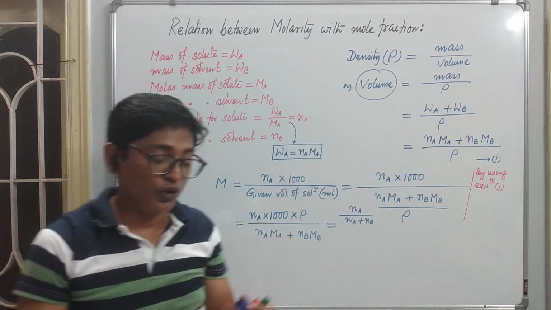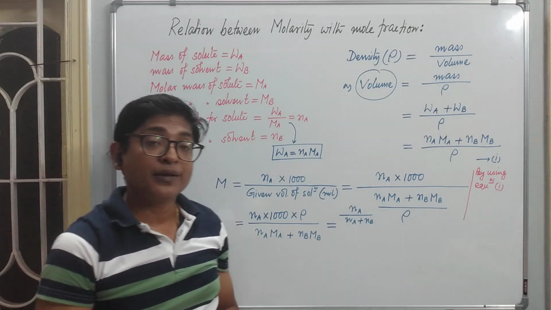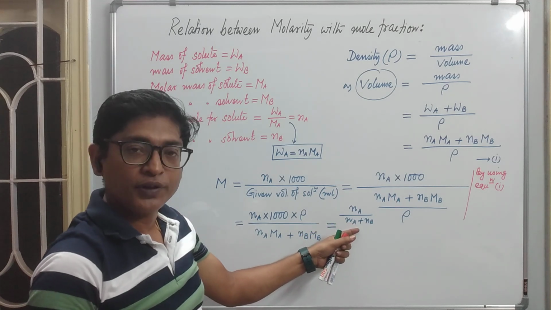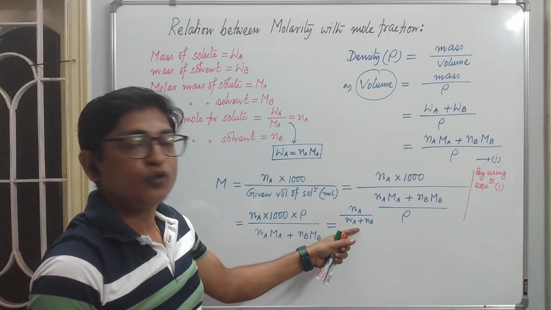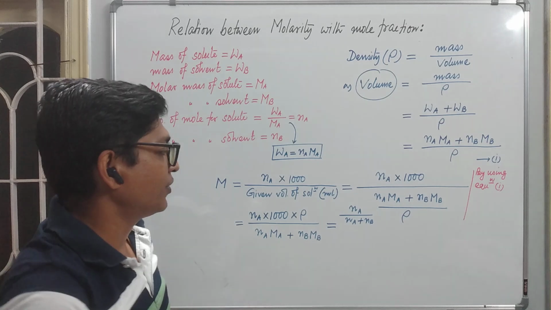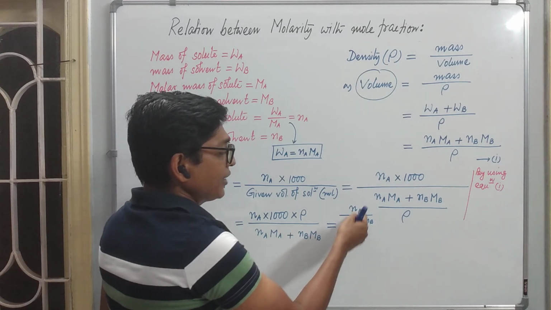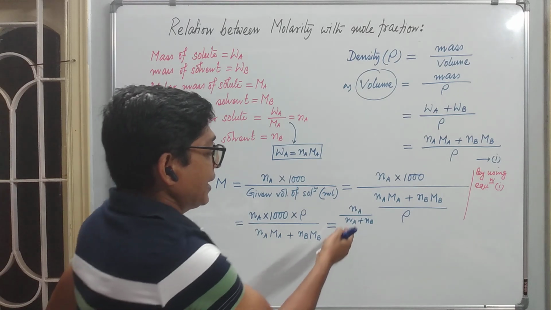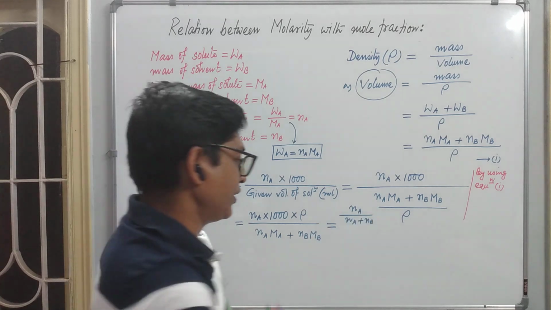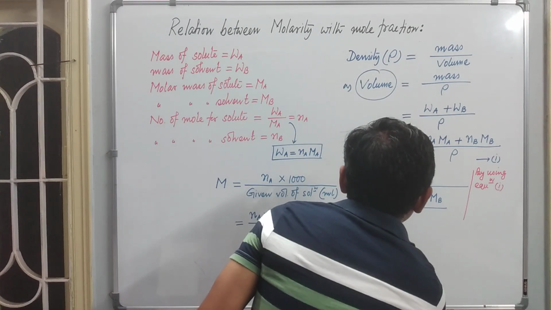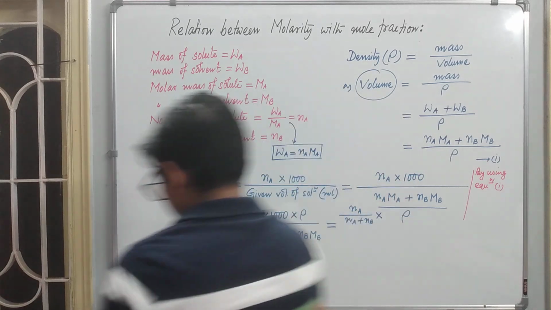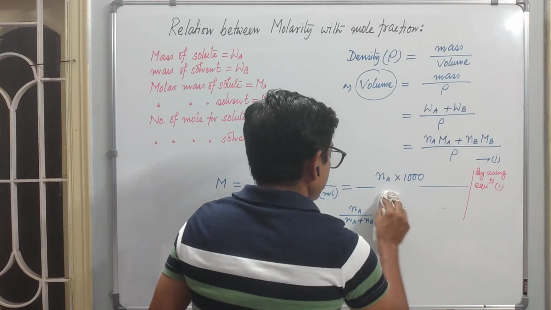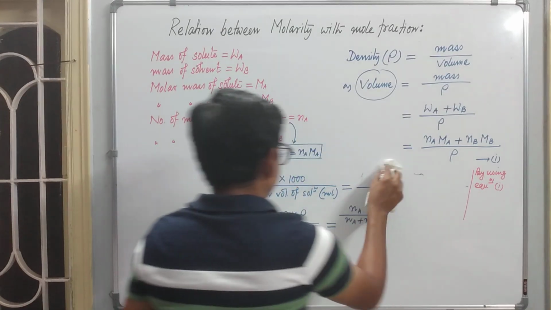If we want to get the mole fraction, then definitely we need to have this kind of a term. Then only I can write this as the mole fraction of the solute. That is the reason I am dividing the numerator as well as the denominator by nA plus nB. After that, let me erase this side a little bit, otherwise it will be misleading and mix up.